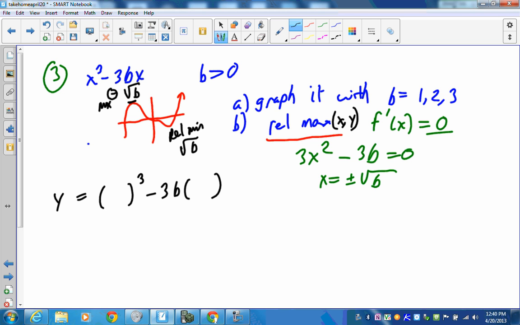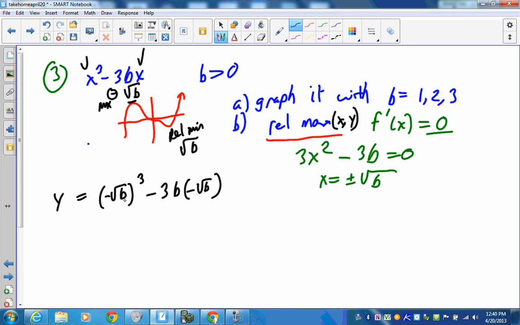Just plug into your x these two spots where you get the negative square root of b, and so just rewrite this equation using the rules that you learned in algebra, and you just combine like terms.